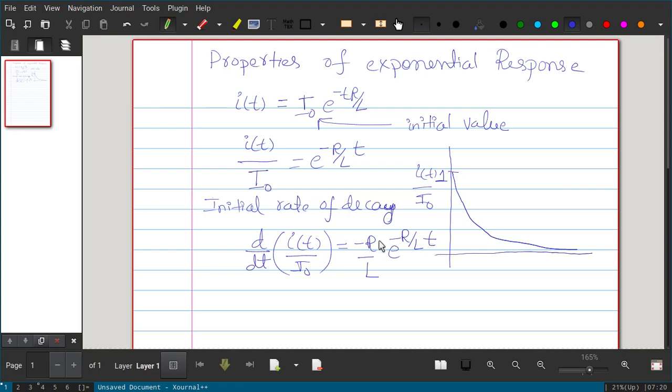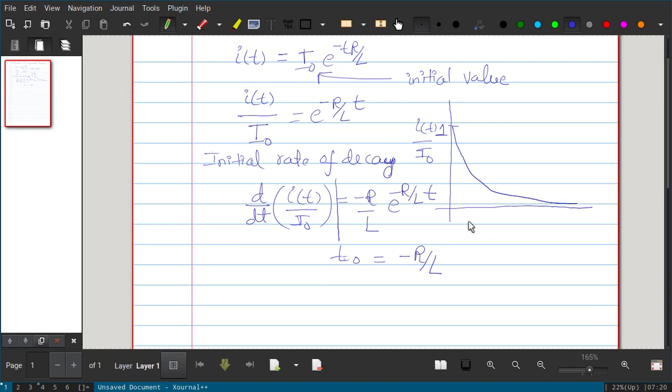This is the rate of decay at time t, but we want to calculate it at t equal to 0. If you substitute t equal to 0, you will get minus R by L. So the initial slope of decay is minus R by L.